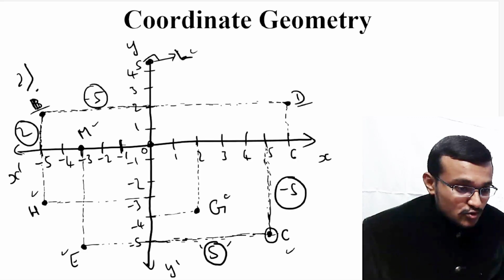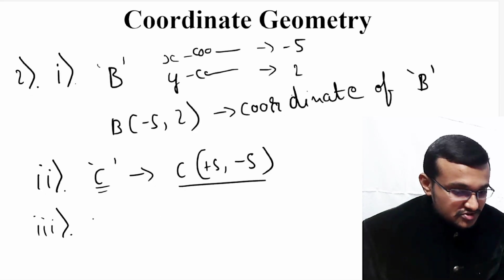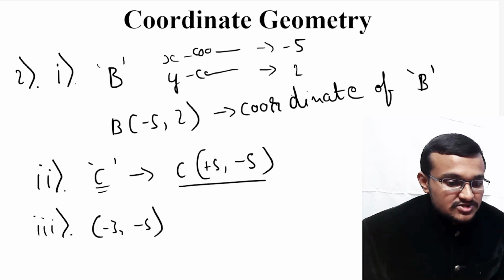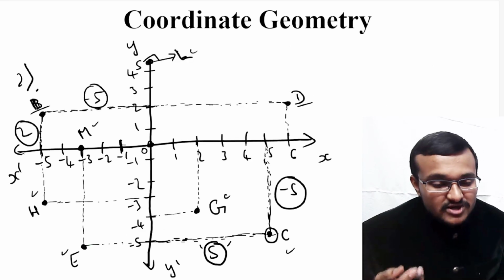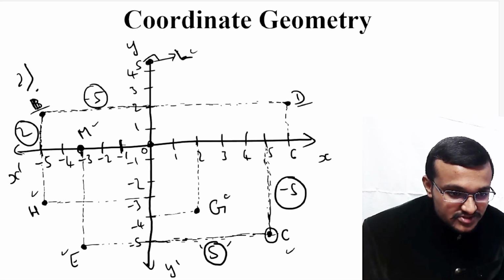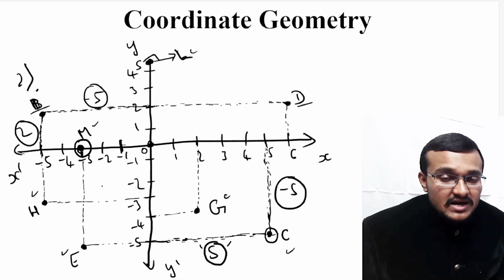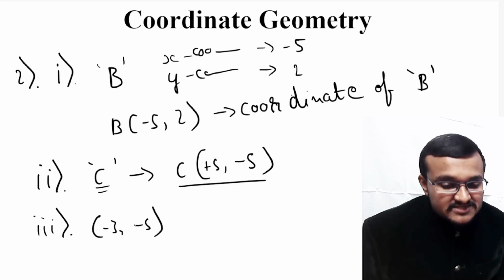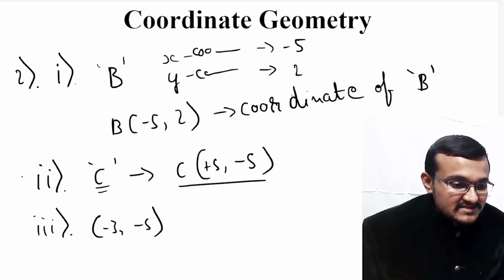Now the coordinates which they have given in the third question is minus 3 comma minus 5. So minus 3 will be the x coordinate value. That means it will be on the negative x axis. So this is minus 3, and here we have minus 5. Minus 5 means that is also on the negative y axis side.